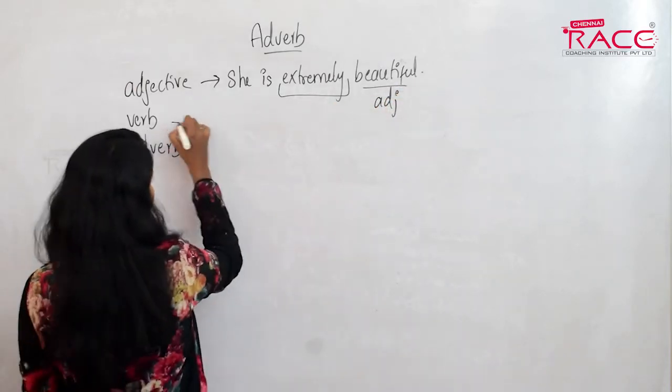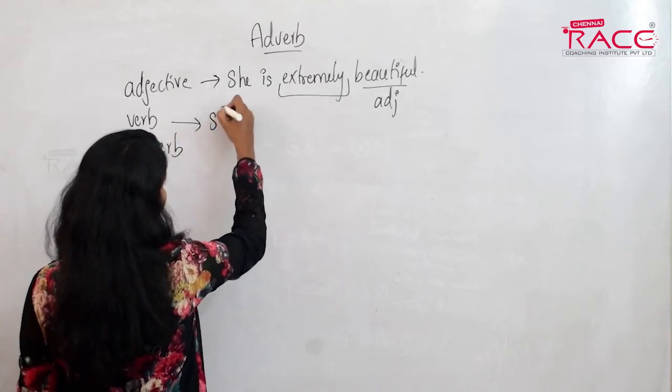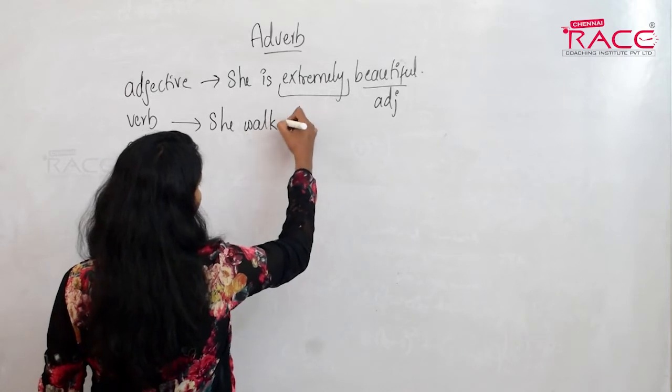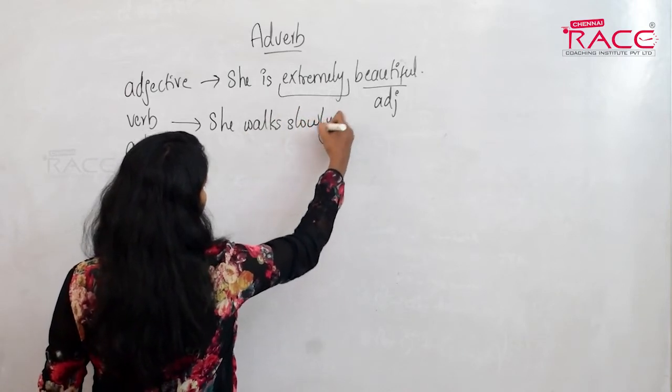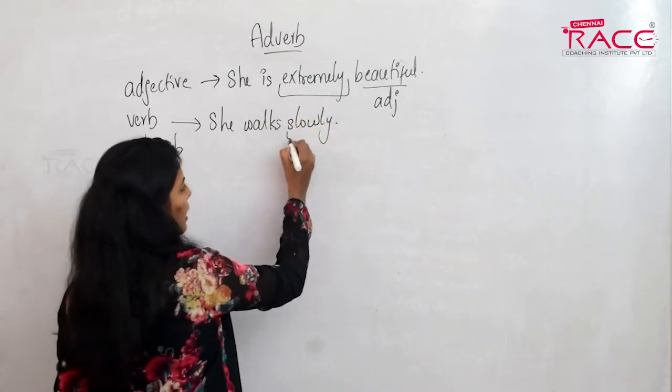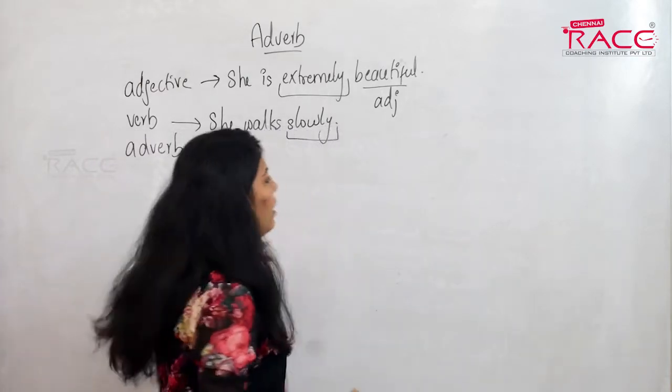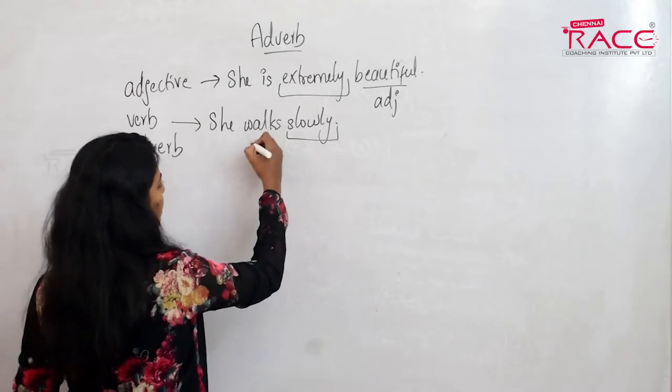Now verb. When I say she walks slowly, here slowly is an adverb and it defines what? Walks. Walks is a verb. So here the adverb defines the verb.